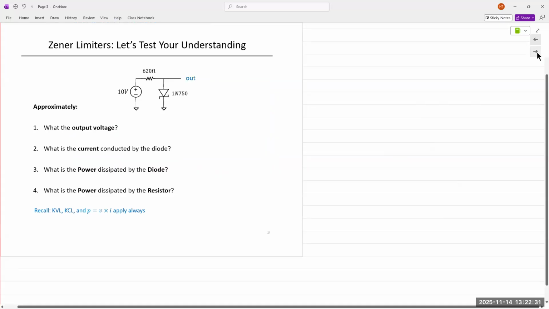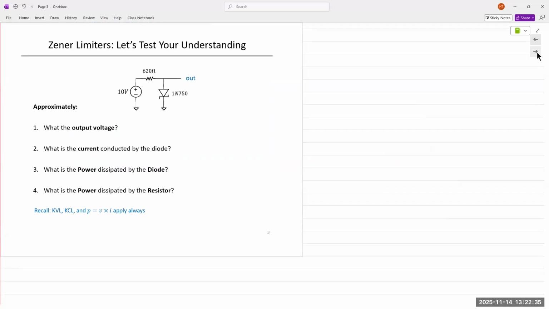So here's a Zener diode. The Zener diode is connected to a resistor and a voltage source. So it's a standard VRD circuit that we have seen before. As shown in the circuit, is the Zener diode forward biased or reverse biased?